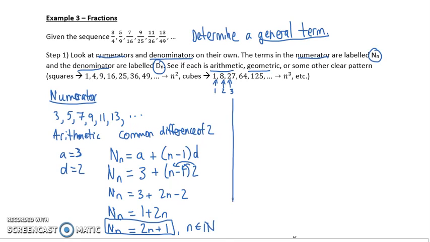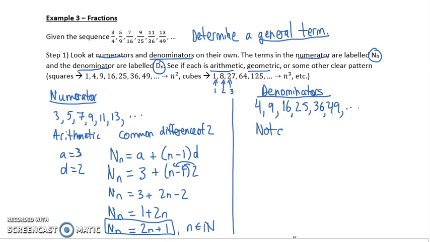Let's look at the denominators now. 4, 9, 16, 25, 36, 49, etc. Now we know that those are squares. We see that up above. The problem is this doesn't start at 1. It's not arithmetic or geometric.